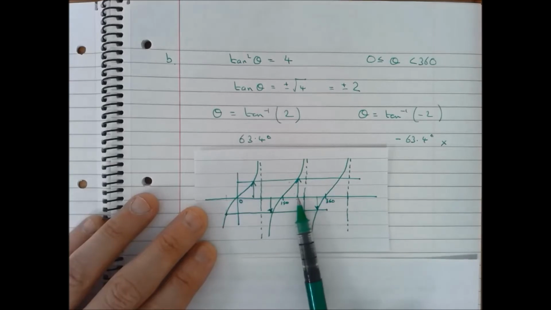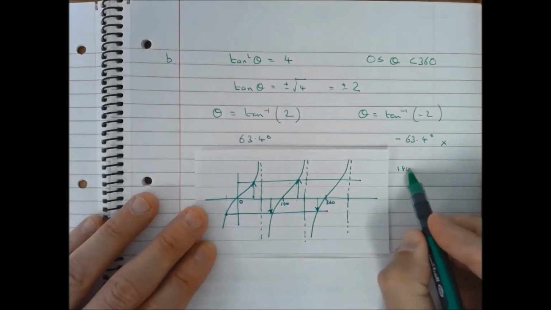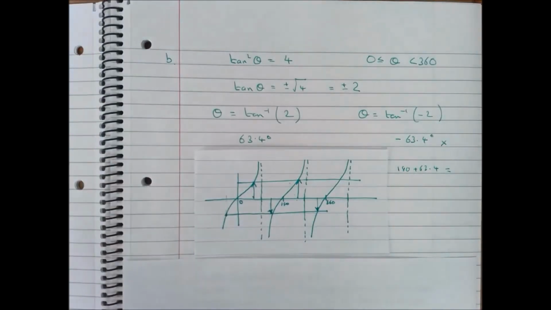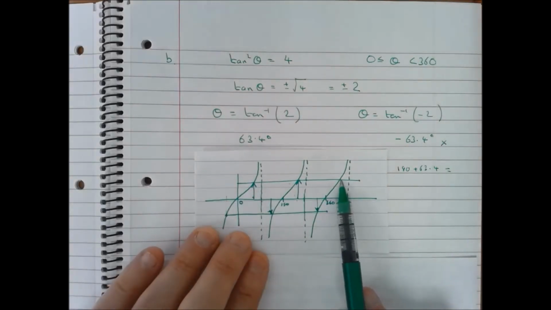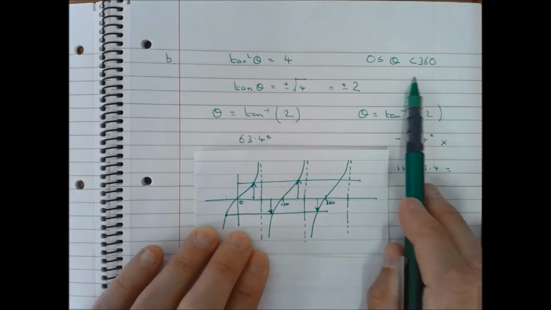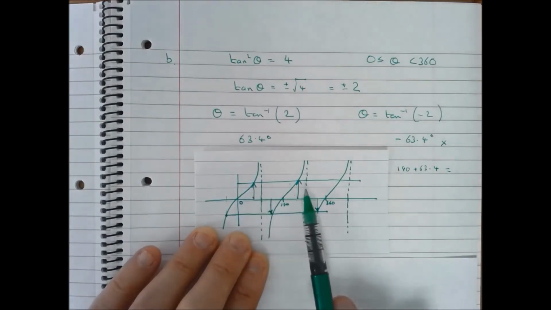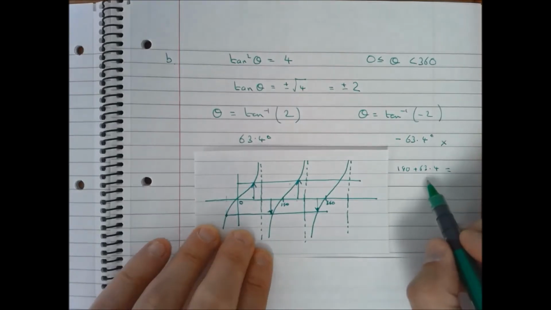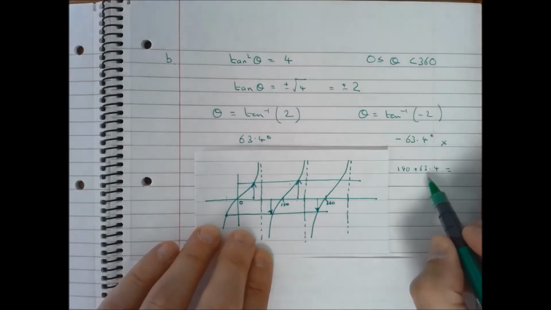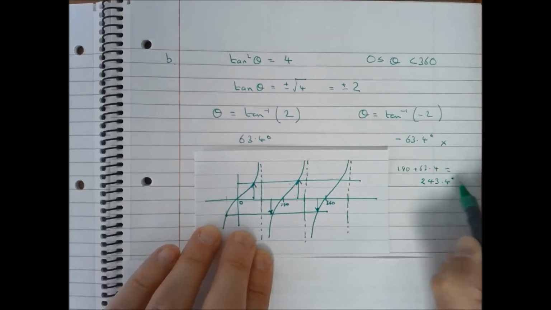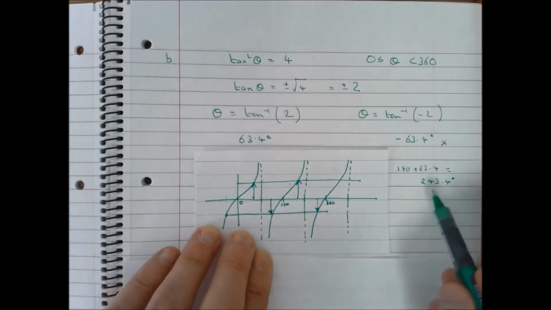So my second solution here, which is going to be 180 plus 63.4. And I have another solution here, but as I can see this is outside the interval, so I'm only really interested in these two solutions here. Okay, and that's going to be for theta there.